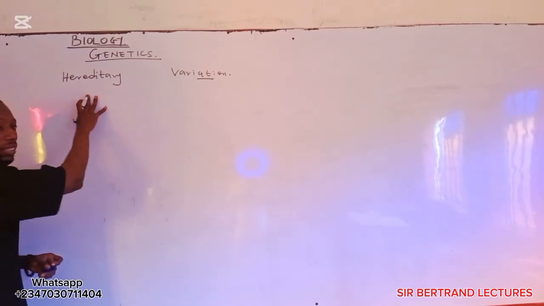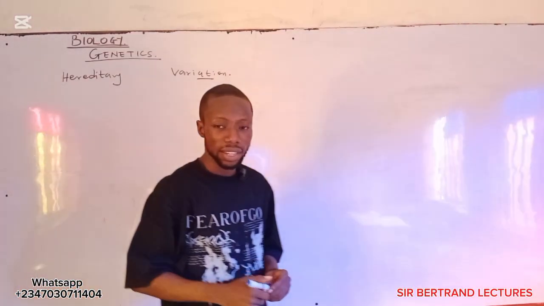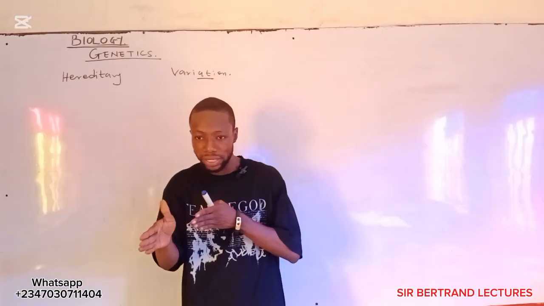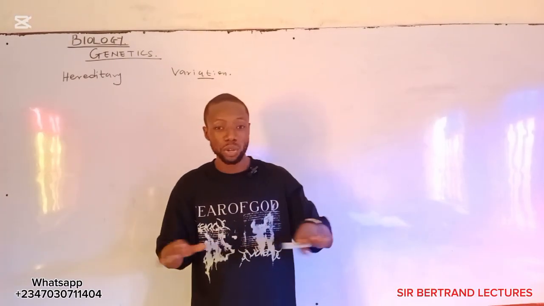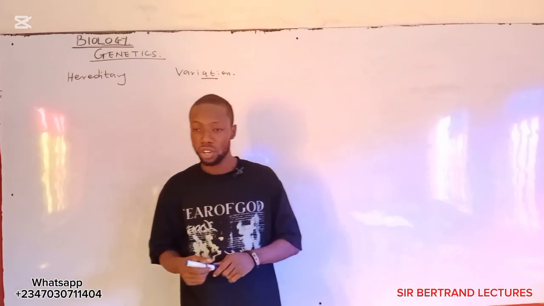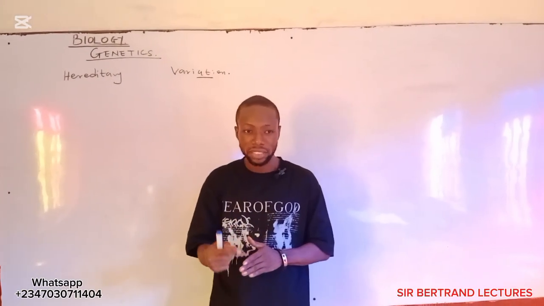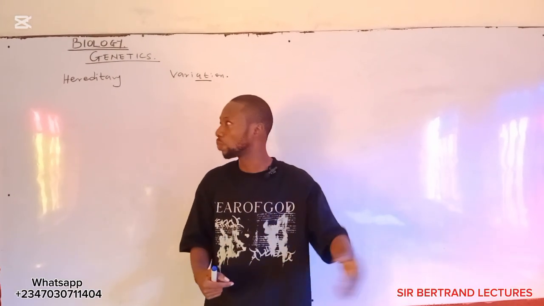Okay, what is heredity? Heredity is the transfer of traits from the parent to the offspring without undergoing any disturbance. Some characteristics or traits are transferred from the parent to the offspring.